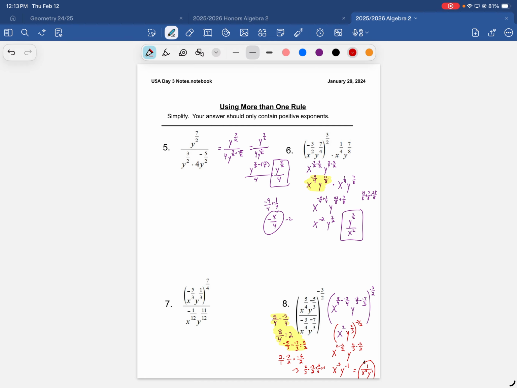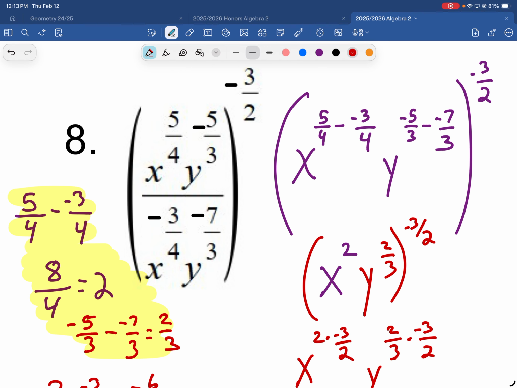Biggest thing with the fractions, take your time. I always do the fractions off to the side. It just makes it easier for me. Writing this out seems to help because you see what's going on.